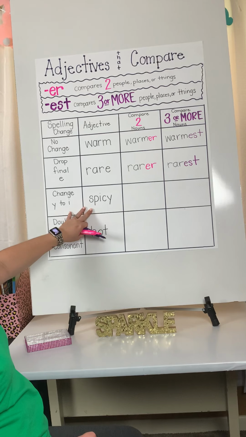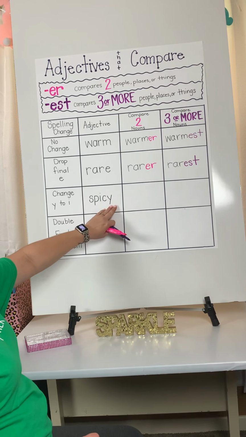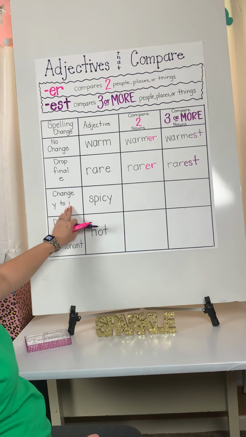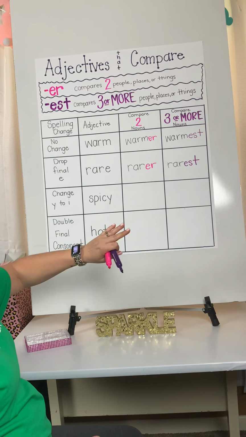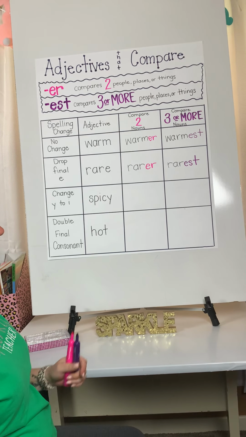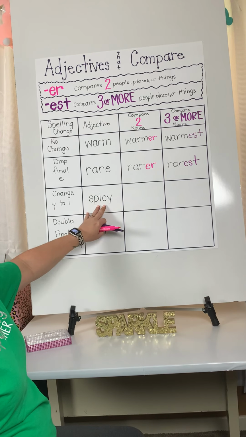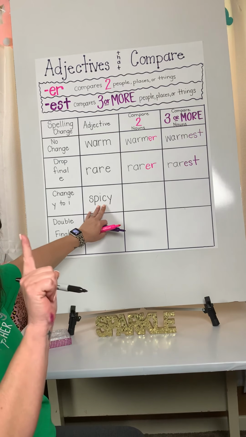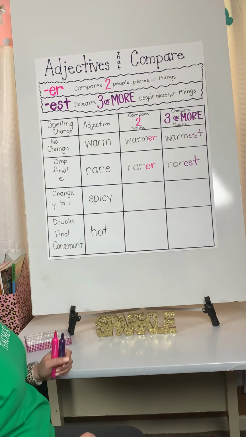The next set of words, if you have a word that ends in Y, you are going to change the Y to I and add ER, or change the Y to I and add EST. For example, this taco is spicy. That's one taco that we are saying is spicy.